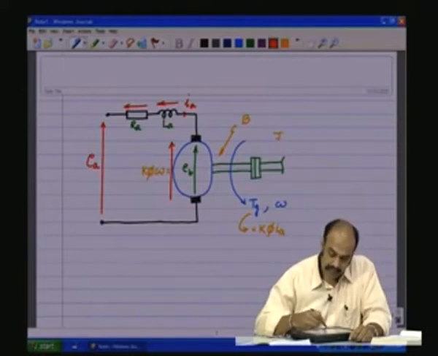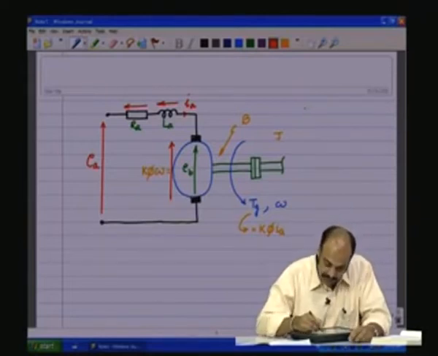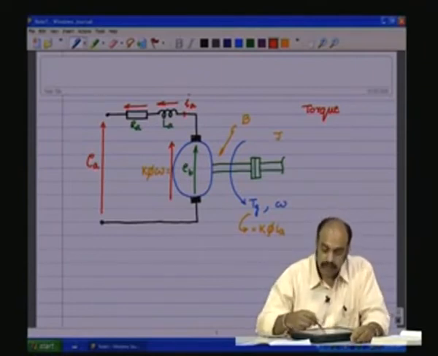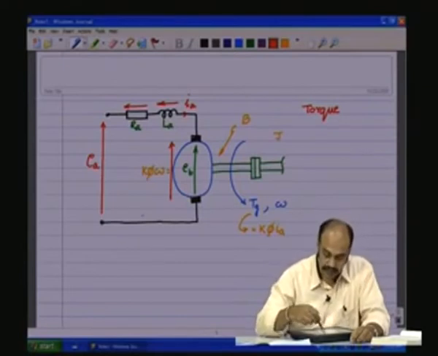Likewise, on the mechanical side also, one can apply the equivalent of Kirchhoff's voltage law, the potential variable being torque. The speed is common, like the current being common in the electrical circuit, the speed is common to all the things connected to the shaft of the armature.